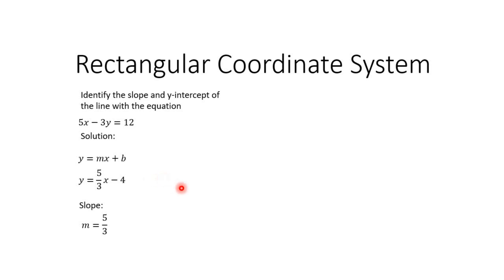The y-intercept is actually the ordered pair where x is 0 and y is negative 4. So this is how you can use the equation of a line to find the slope and y-intercept. You can't do it if the line is in standard form, but it's relatively easy when the line is in slope-intercept form.